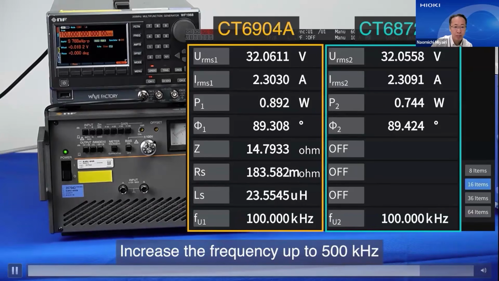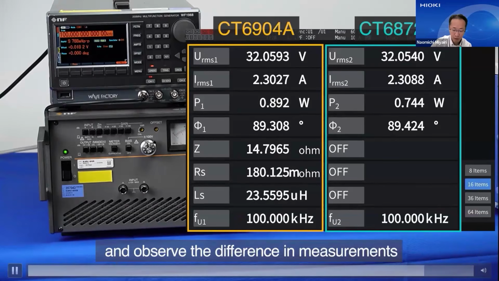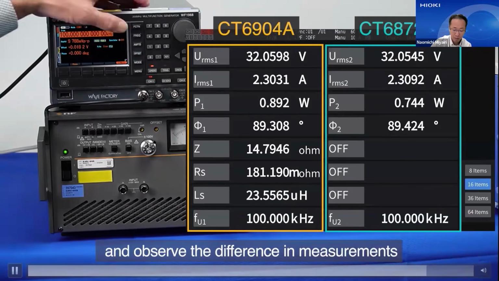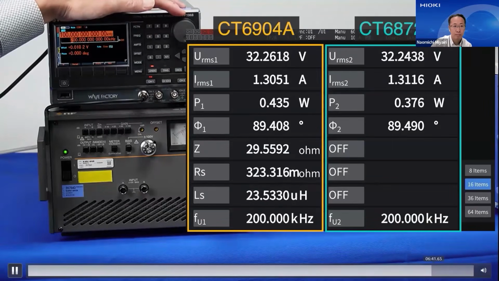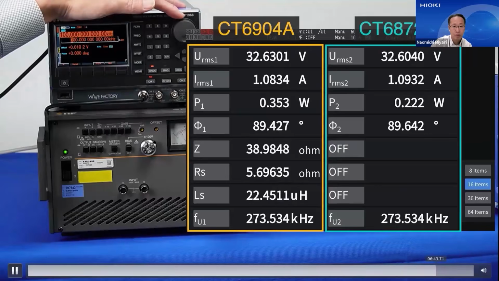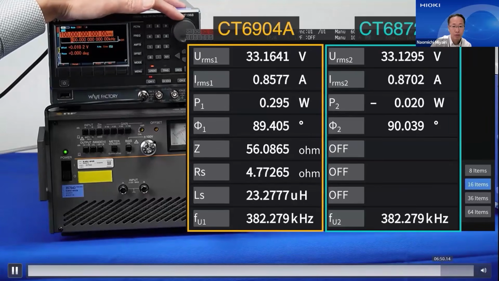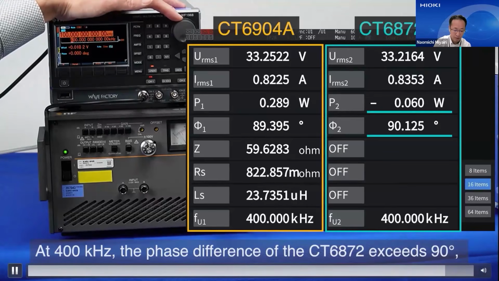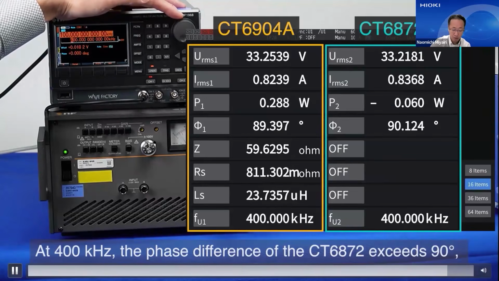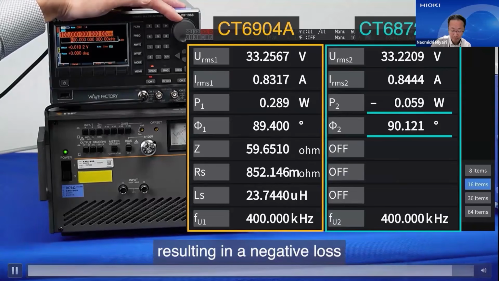And we are increasing the test frequency up to 500 kHz in 100 kHz increments. And 200 kHz, 300 kHz, and 400 kHz. So the phase difference of the CT6872 exceeds 90 degrees, and the loss becomes negative, right?